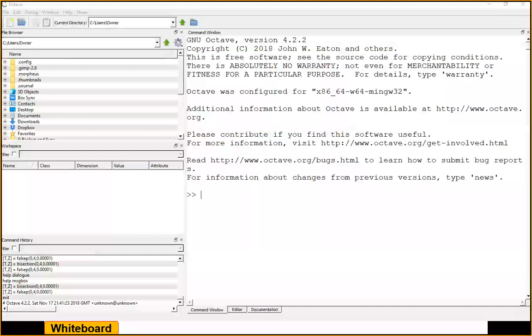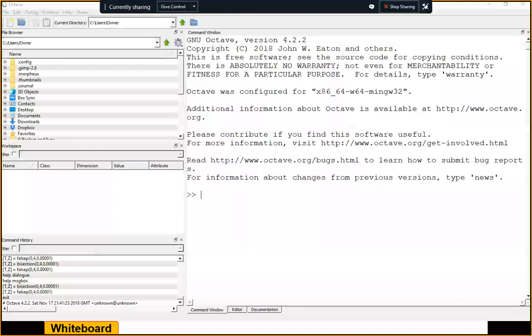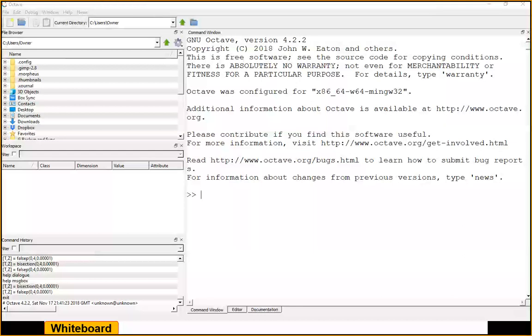Clear as day. Yeah, man, we're going to get to the feedback.